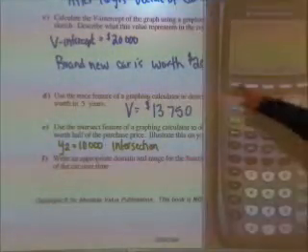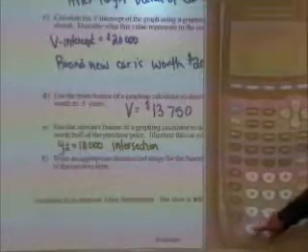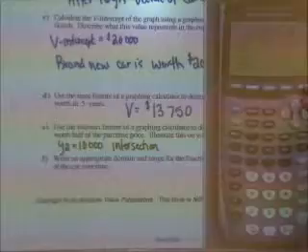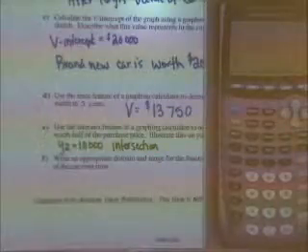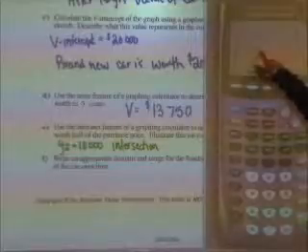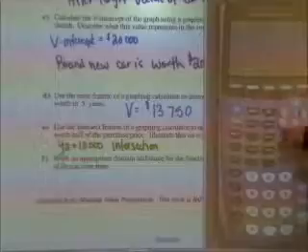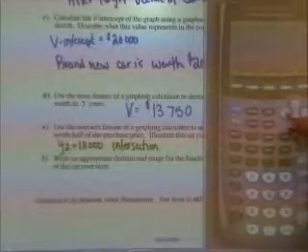So on your screen, you would let y2 equal 10,000. And there's my horizontal line. And I want to find the intersection point between these two graphs. So second, calc, intersect.